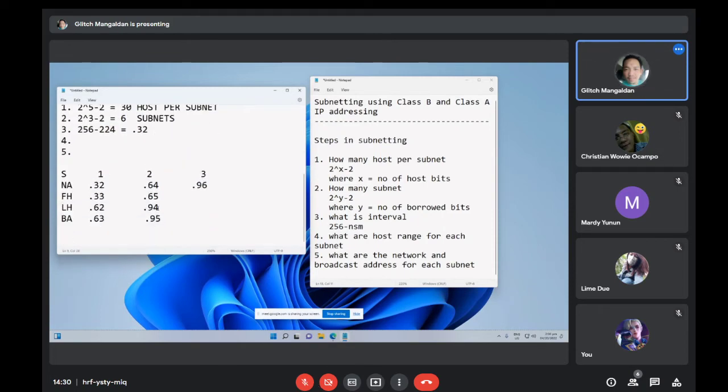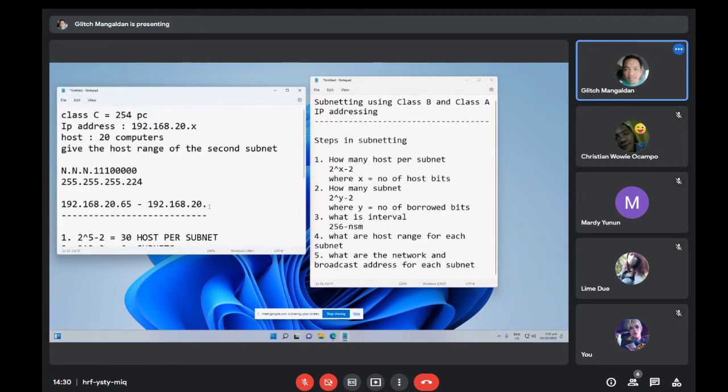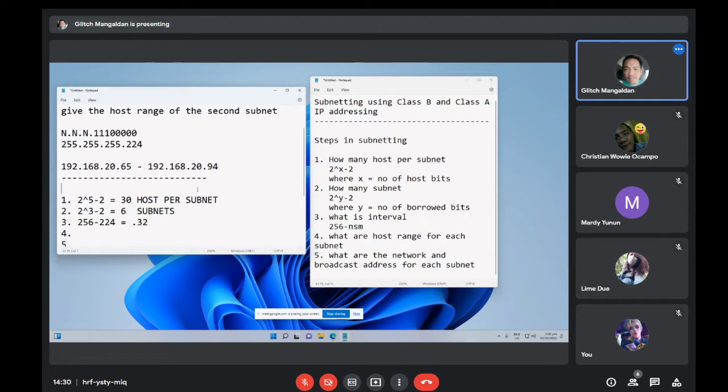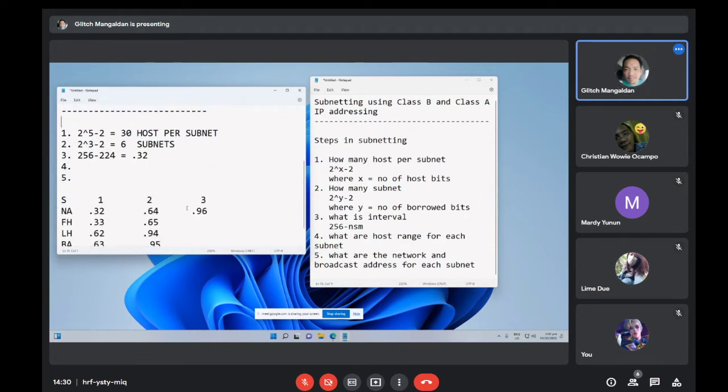So, when you create a network, you start with 65, then 66, 67, up to 94. Okay? So, that is now the correct answer for this given.